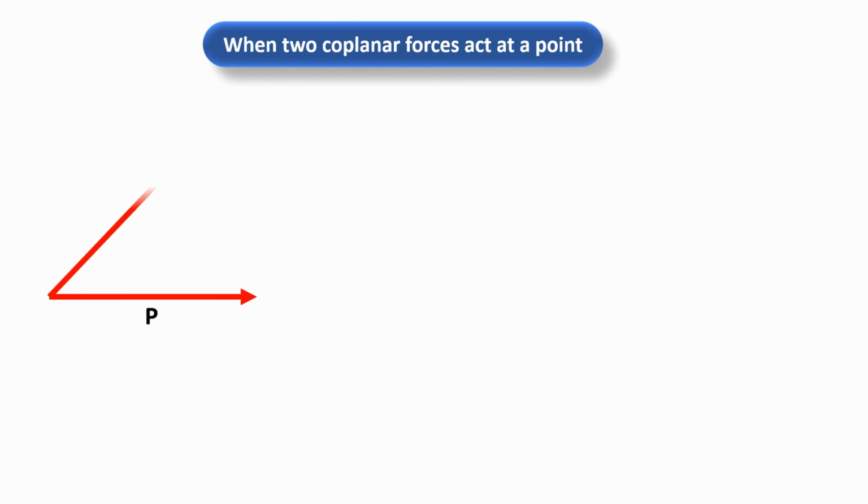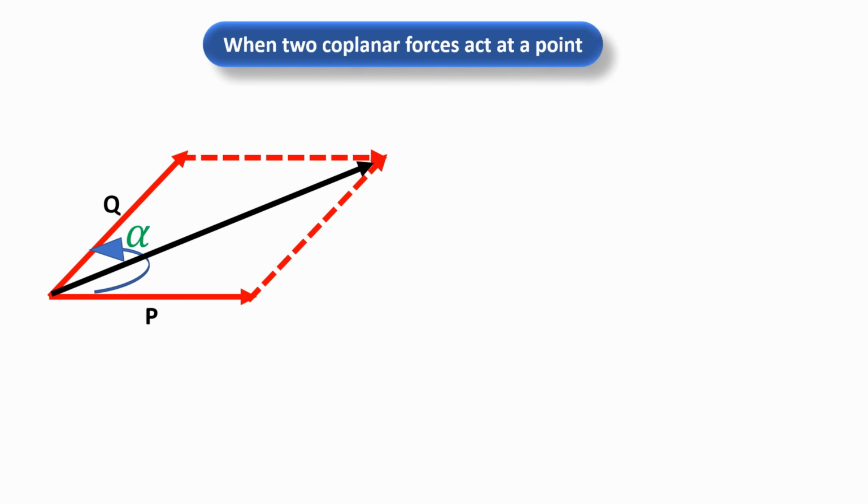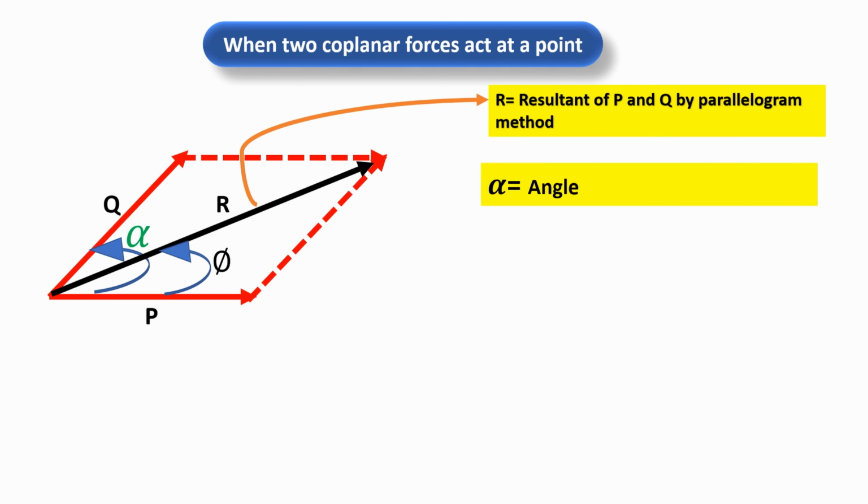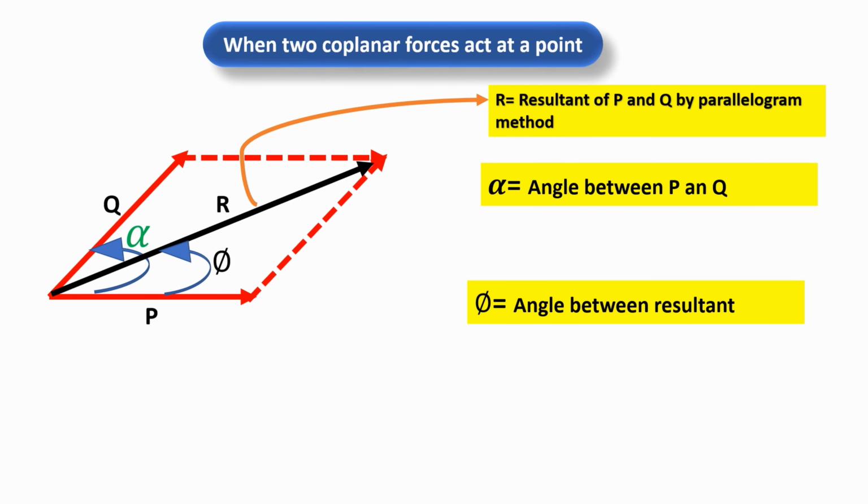When two coplanar forces act at a point, R equals the resultant of P and Q by the parallelogram method. Alpha equals the angle between P and Q, equals the angle between resultant R and P.